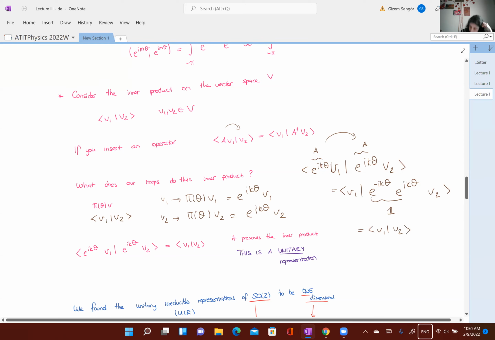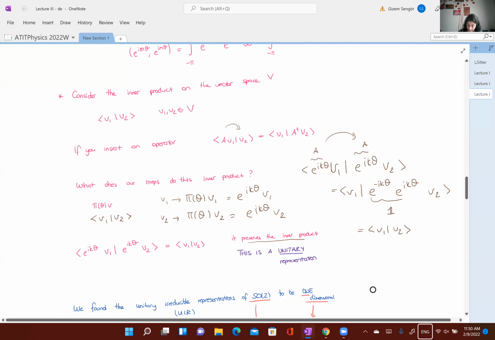It doesn't change the inner product defined on the vector space.